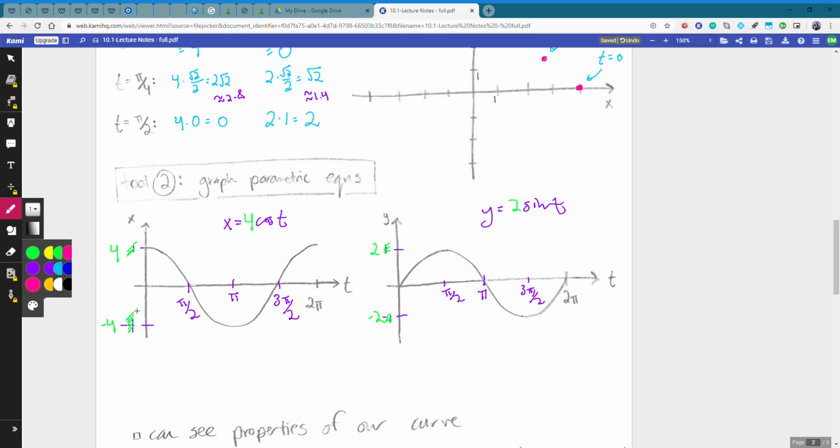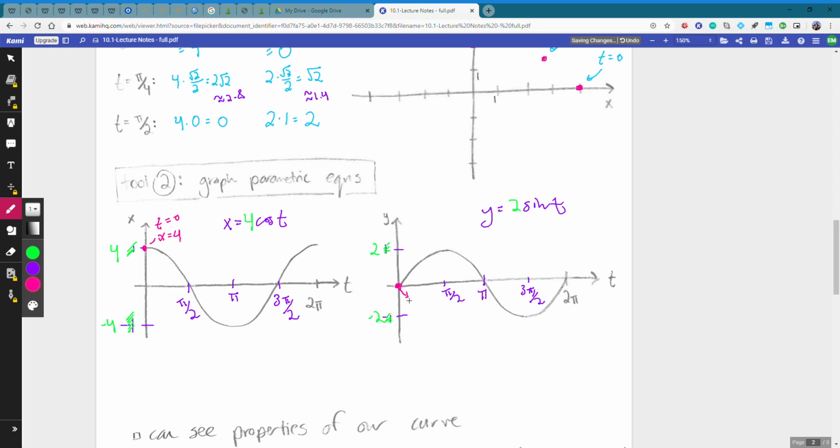Let's see what's happening. Well, for example, at t equals 0, this graph is showing that our x-coordinate, the vertical, is 4. And from our graph of y, at t equals 0, we have this point on the curve.